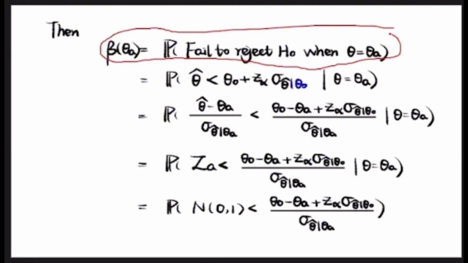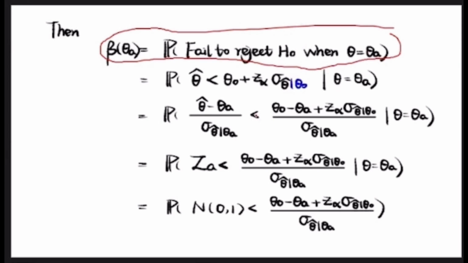Why is the probability of type 2 error beta? Why is alpha the symbolic representation of the probability of type 1 error? So what do we mean by the probability of type 2 error? It is the probability that we fail to reject H naught when the alternative is true. Because when the alternative is true and we don't accept the alternative, we fail to reject the null hypothesis, that's an error. That is what we mean.